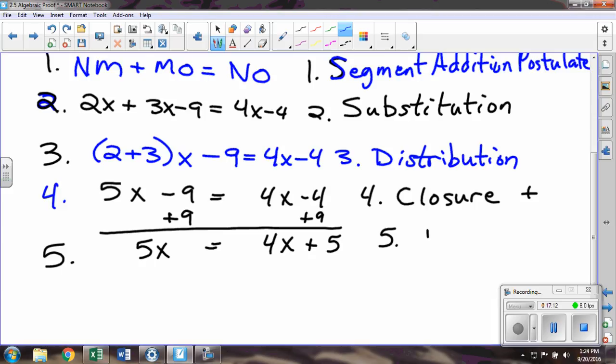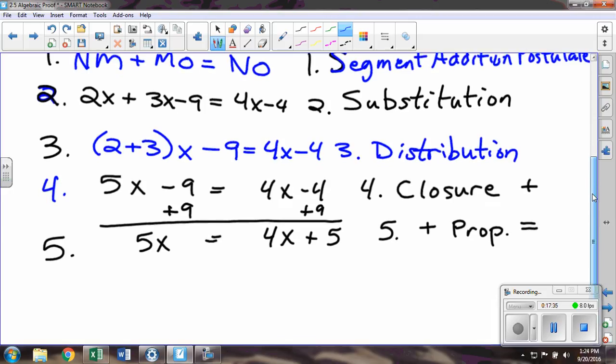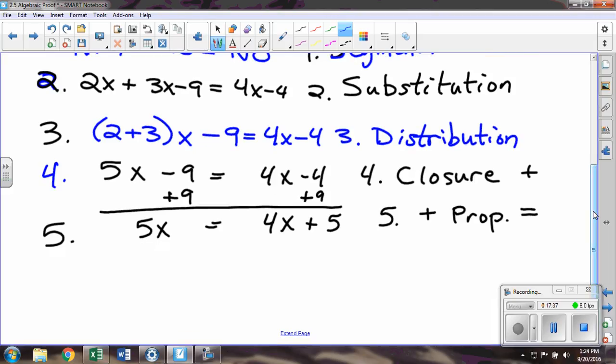And that was the additive property of equality. Even though officially we did skip a step of applying the additive inverse, and we skipped another step of using closure. We actually skipped 2 steps there, but we'll get to that level of rigor down the road. Right now we're working on some of the structure and building to that point.